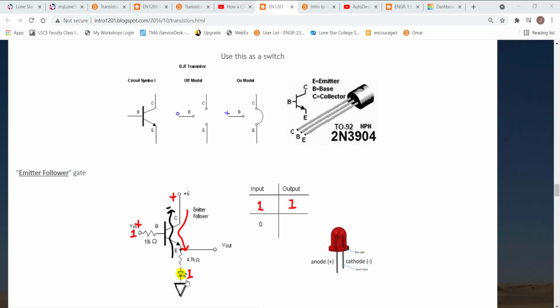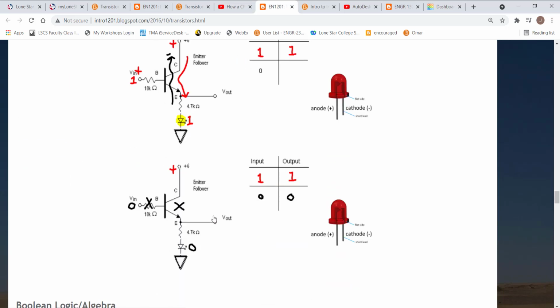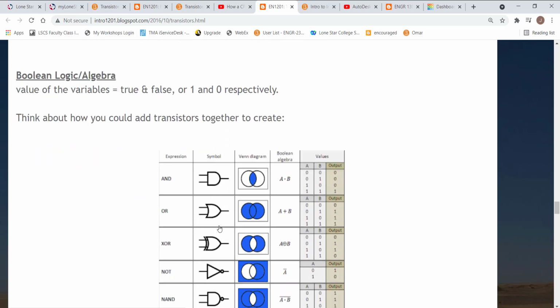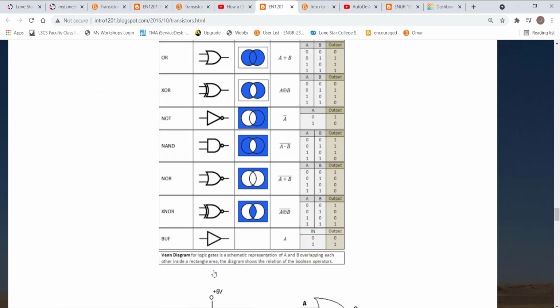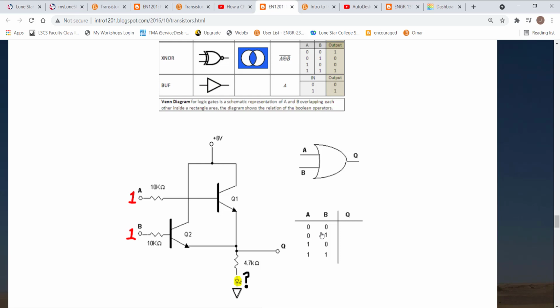So that LED is just going to show us if there's current flowing through it or not. The emitter follower gate is the first one that we will build, and it shows how the switch works. We'll then go to some more complicated logic gates showing combinations of inputs to create a different output.